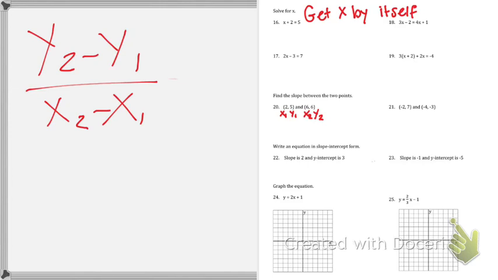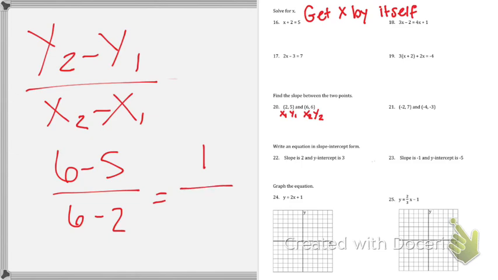Okay? So you just plug those numbers in. 6 minus 5, 6 minus 2. 6 minus 5 is 1. 6 minus 2 is 4, so my slope is 1/4.